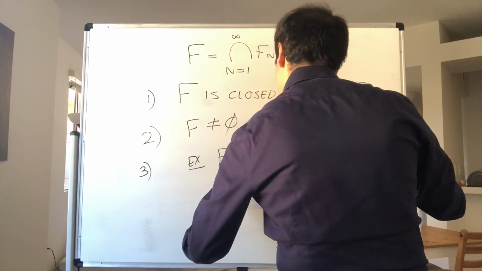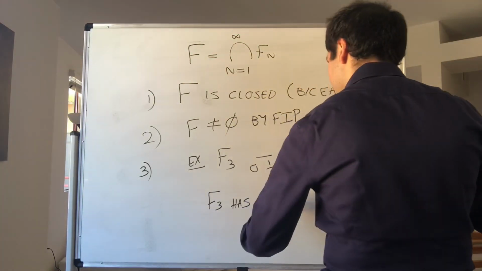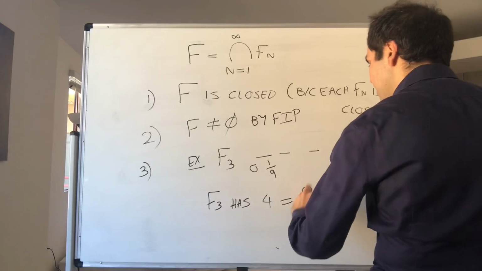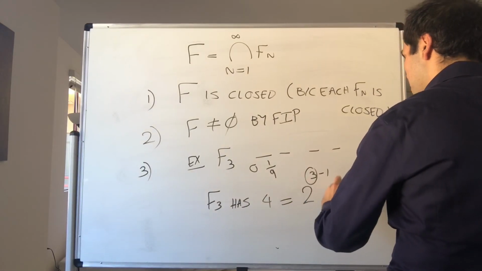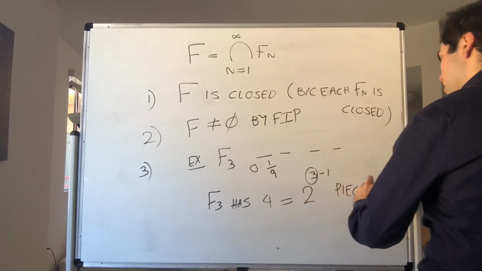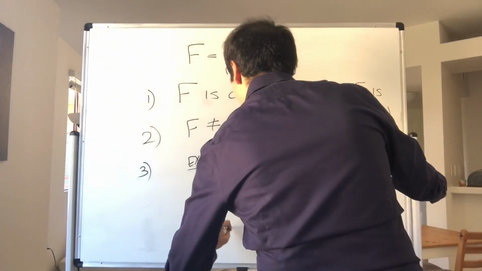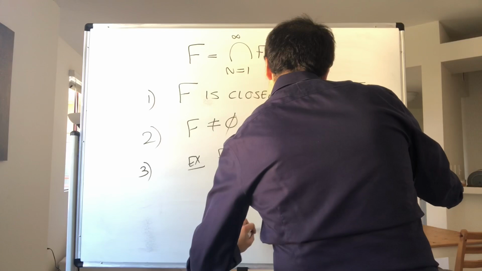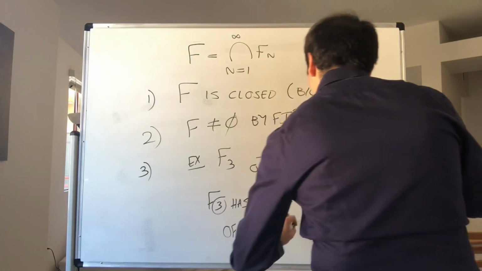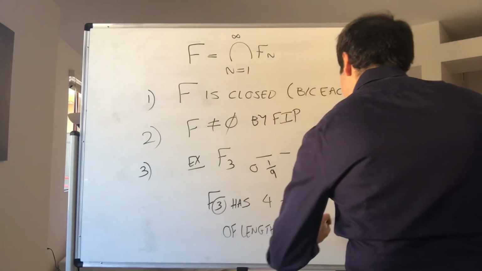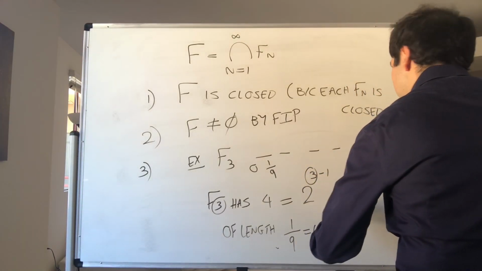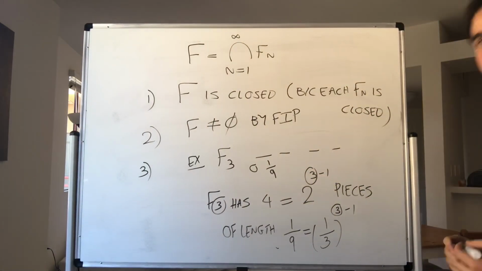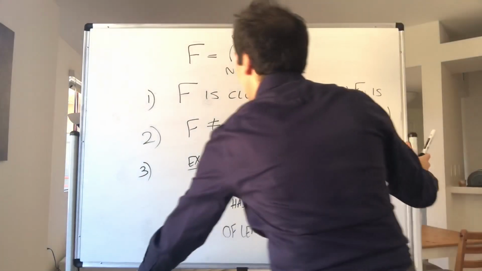F3 has 4 pieces, which is 2 squared, which is 2 to the 3 minus 1 pieces. Of what length? Well, 1/9, which is 1/3 squared, which is (1/3) to the 3 minus 1. And indeed, this is also true for Fn.